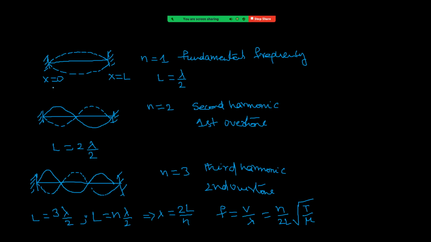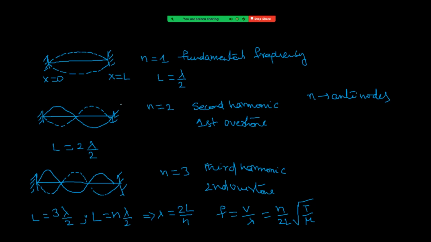And see one more thing here. When there is only one loop, there is only one antinode. When there are two loops, there are two antinodes. When there are three loops, three antinodes. That means if the number of loops is n, then the number of antinodes is also the same.